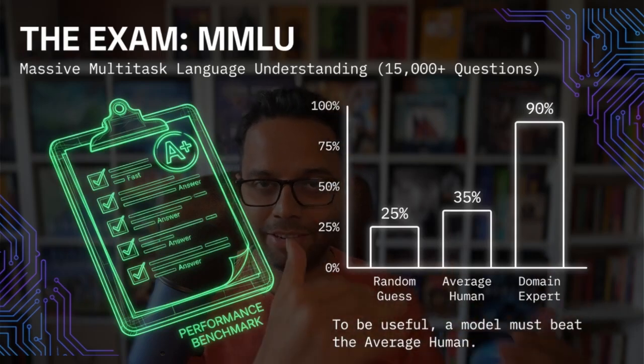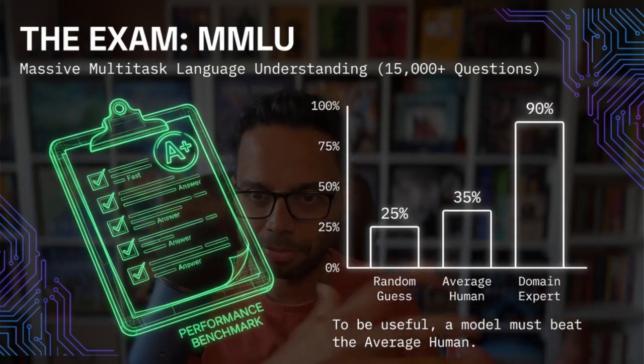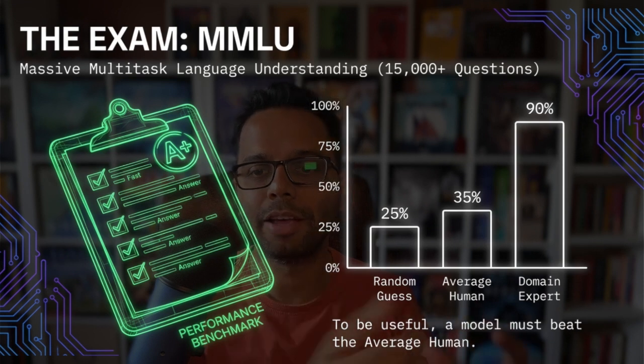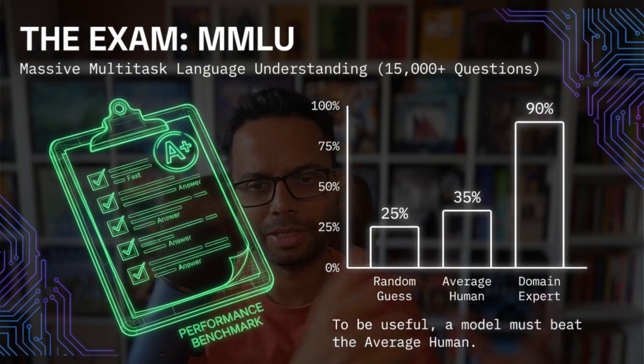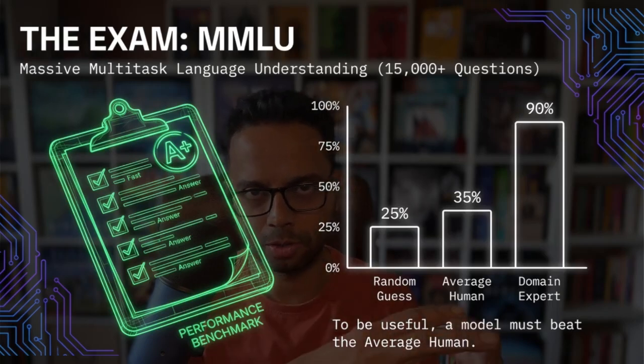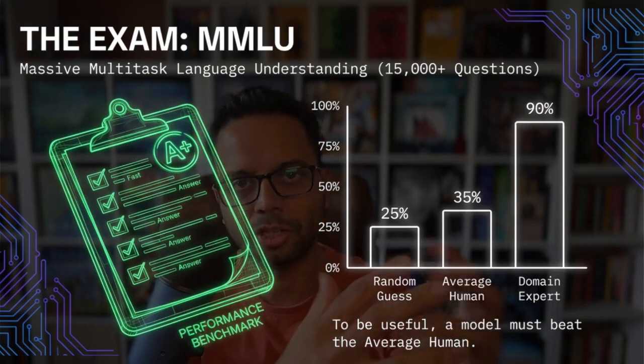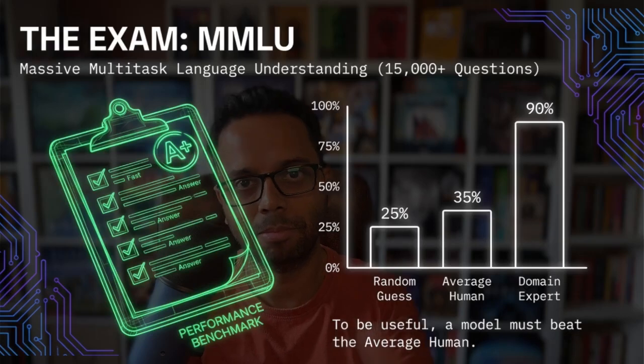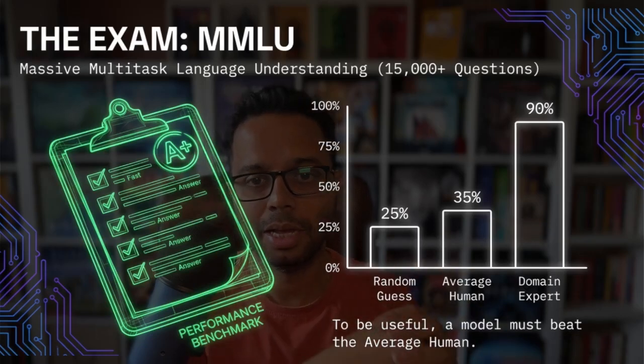An average human who is average smart can score 35% on those questions. And a domain expert, or a cluster of domain experts sitting together, can get up to 90% correct answers.